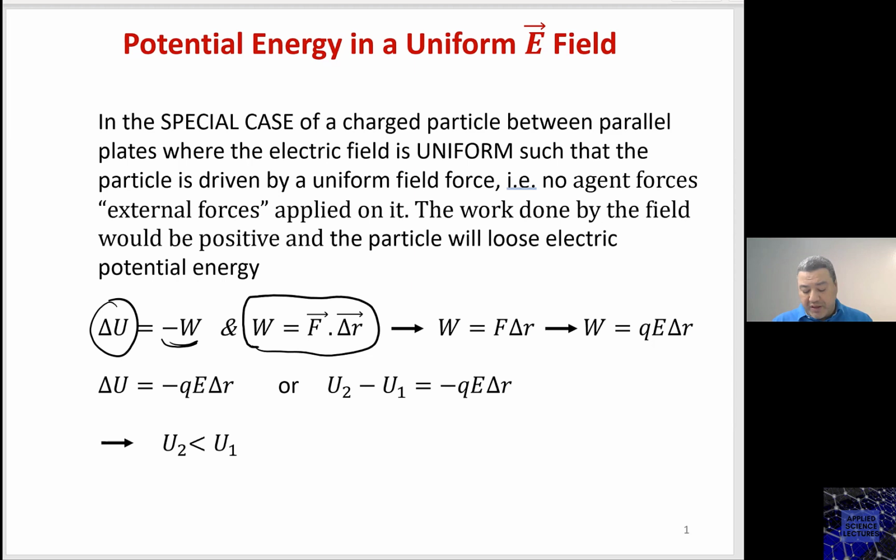vector, which means that they will overlap and the dot product would be positive, because we've seen earlier that the result of a dot product between two vectors is the magnitude of the first one times the magnitude of the second one times cosine theta, which is the angle between those two vectors.